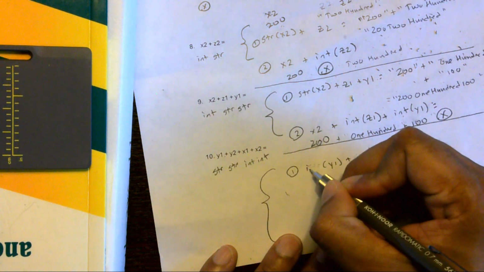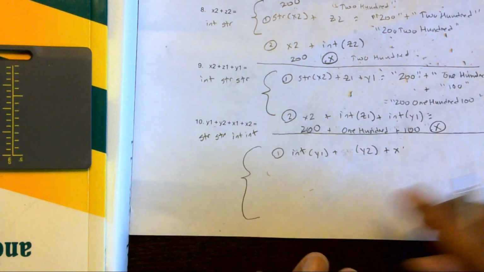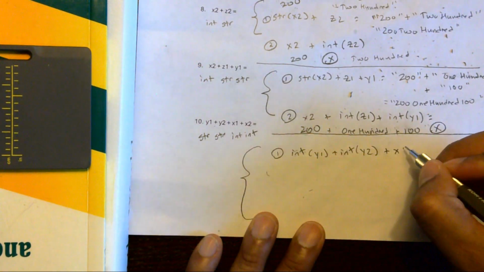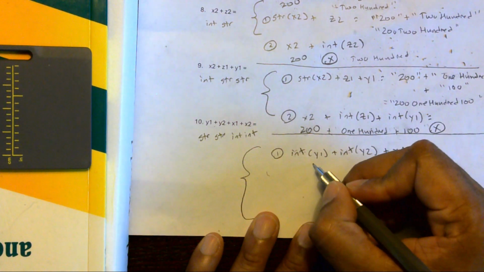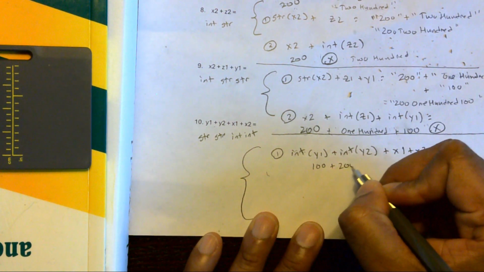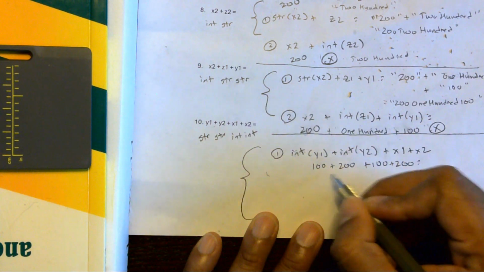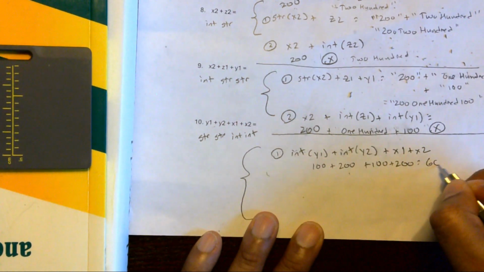Int of y1, because we want to change everything to an int. So int y1, int of y2, right? x1 plus x2. What do I get? I get 100, 200, 100, 200. What is that? 100 plus 200 plus 100 plus 200 is what? 600.